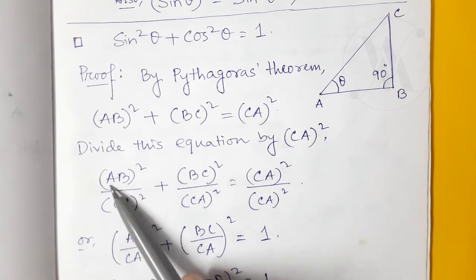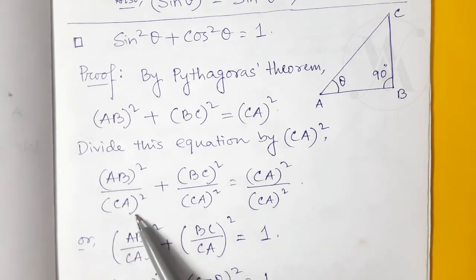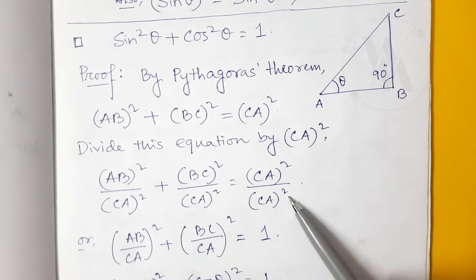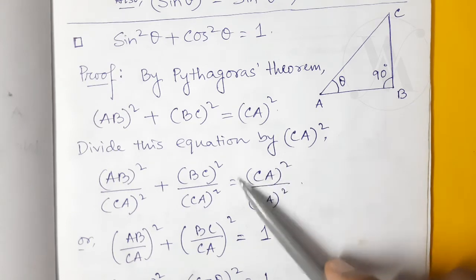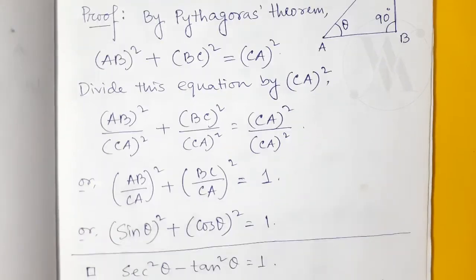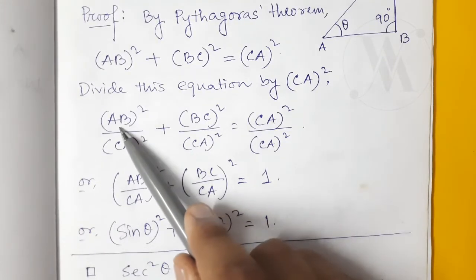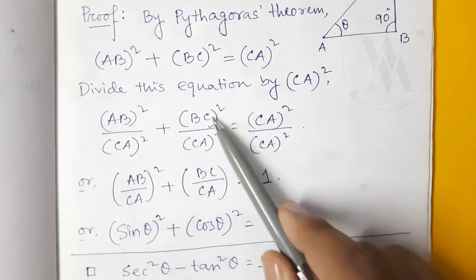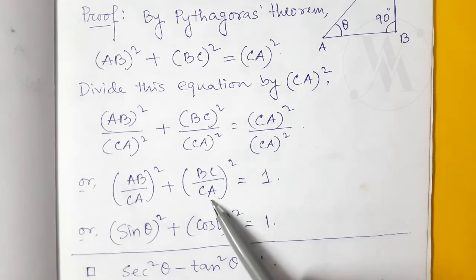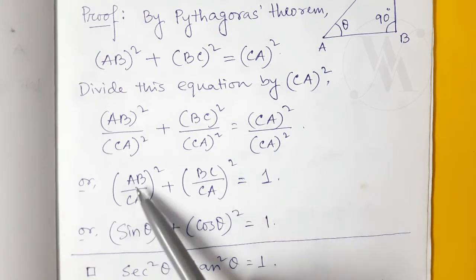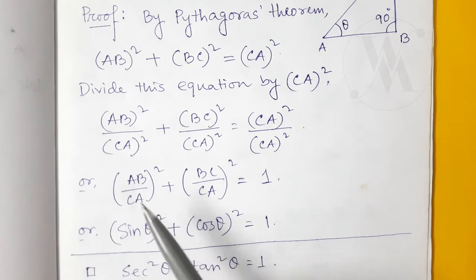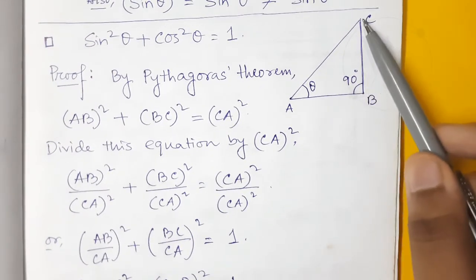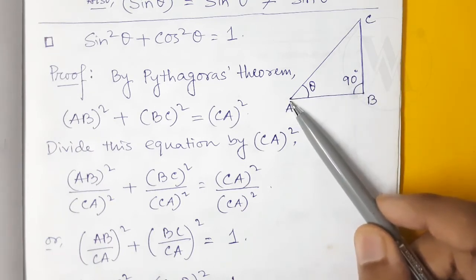So we get AB square divided by CA square plus BC square by CA square, equals CA square by CA square. This quantity will be 1, and AB by CA whole square you can write it, similarly for this also, BC by CA whole square. Now AB by CA, AB is base and AC is hypotenuse.